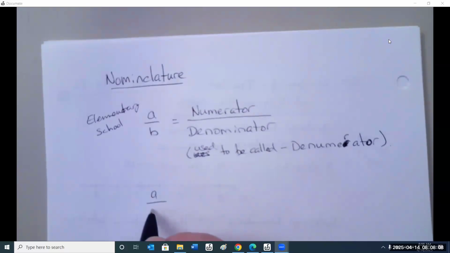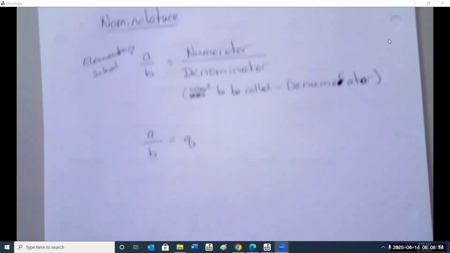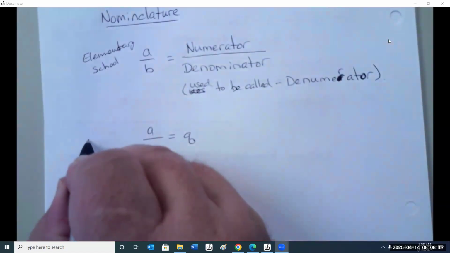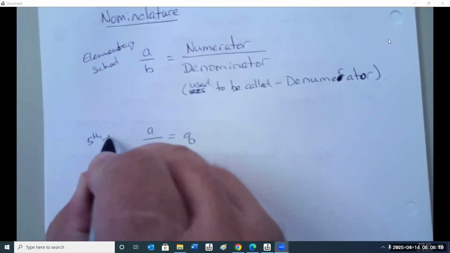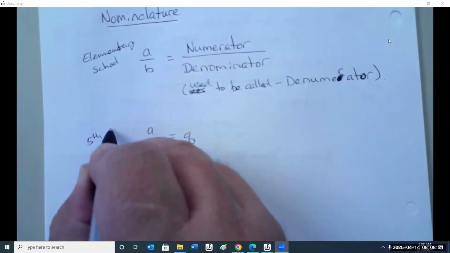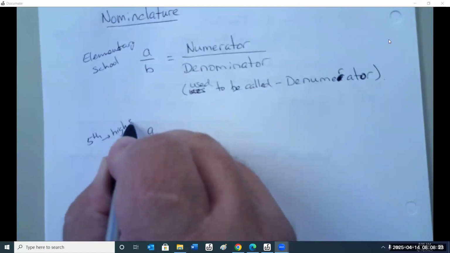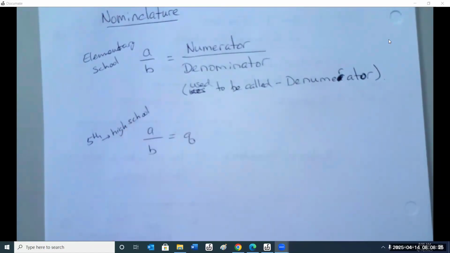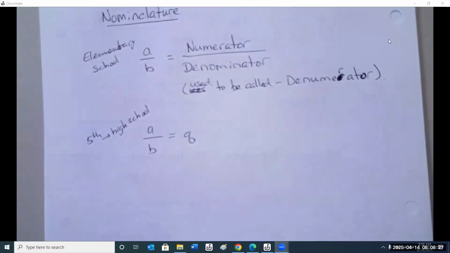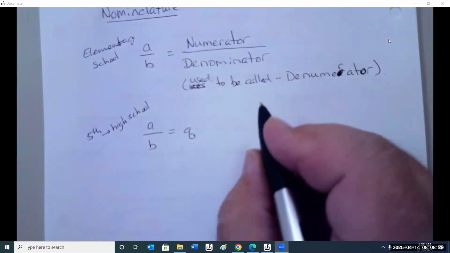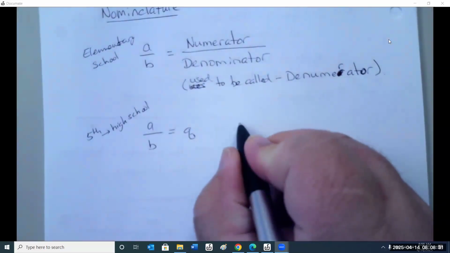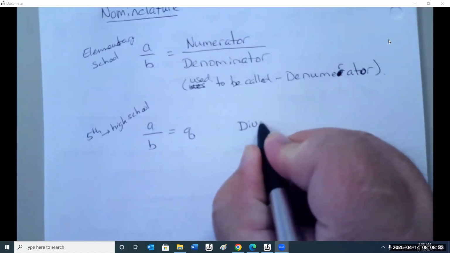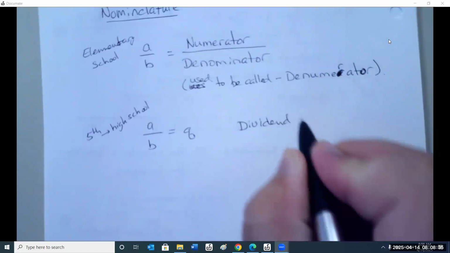Then when you get to fifth grade or higher, fractions have a different name. The top is called a dividend.